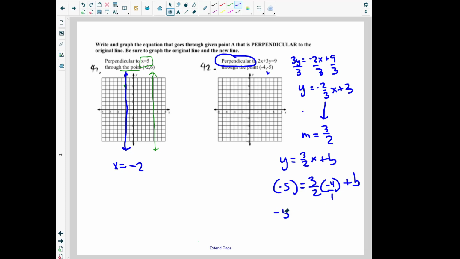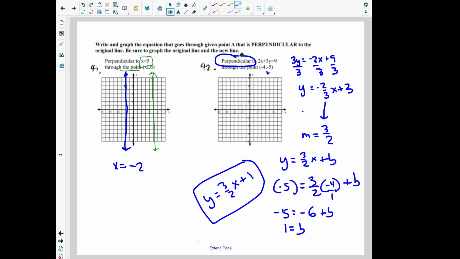So I get -5 equals -12 over 6, which is -6 plus b. I'm going to add 6 to both sides. b equals 1. Final answer, y equals 3/2 x plus 1.